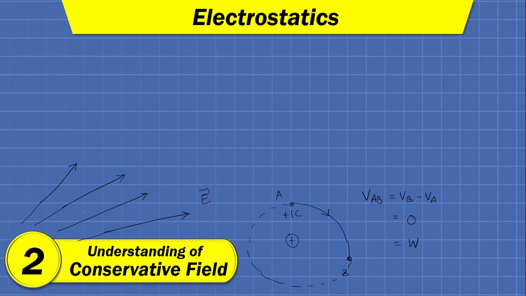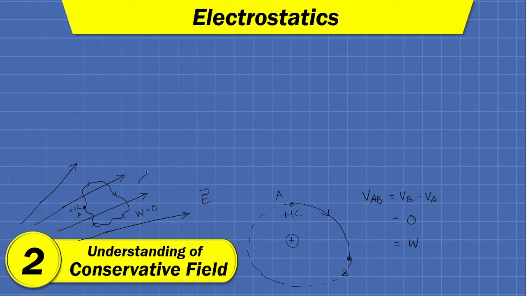If we have a test charge, say plus 1 coulomb, at point A, and we move this test charge along any closed path, regular or irregular, and return to the same point A, then also the work done is 0.